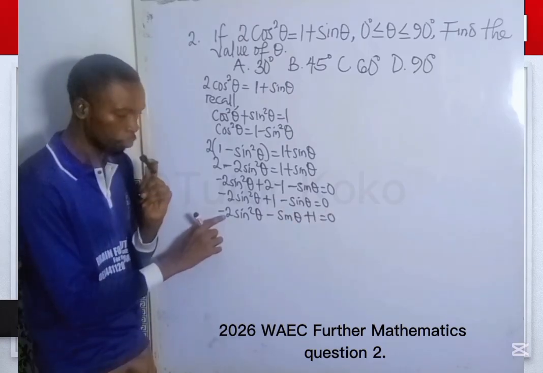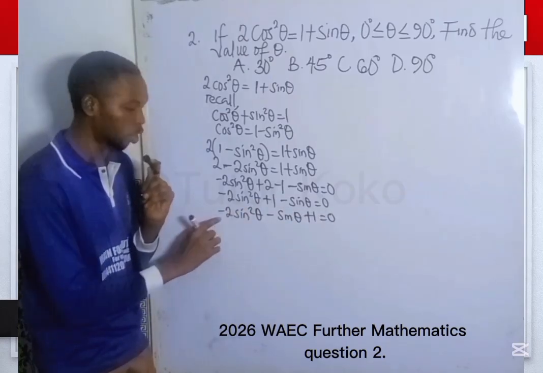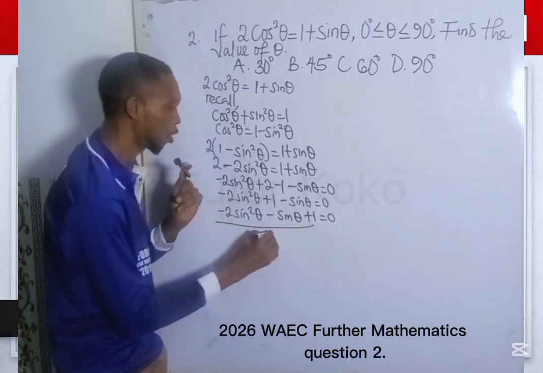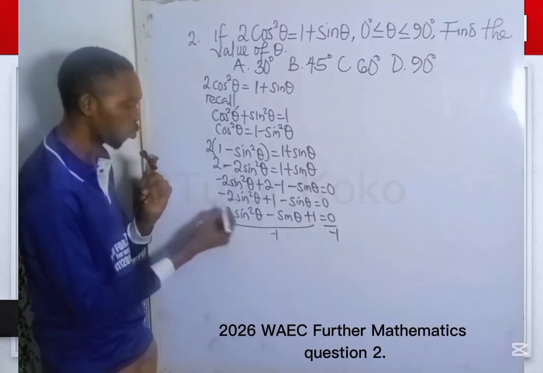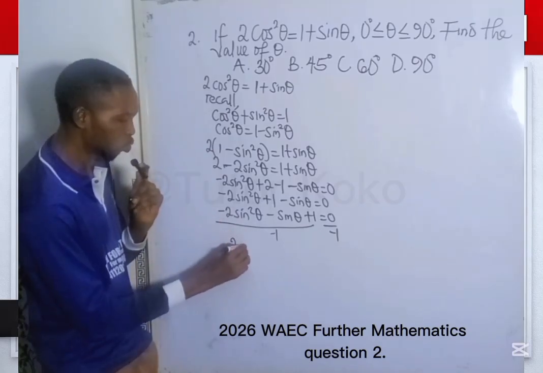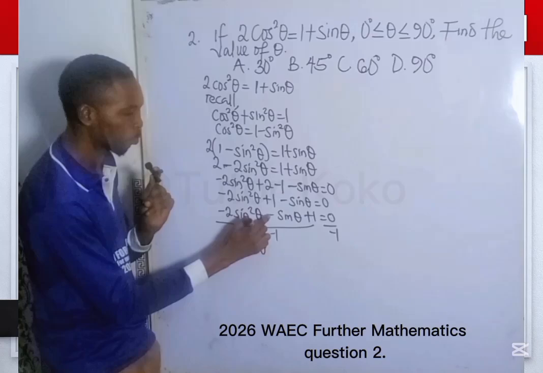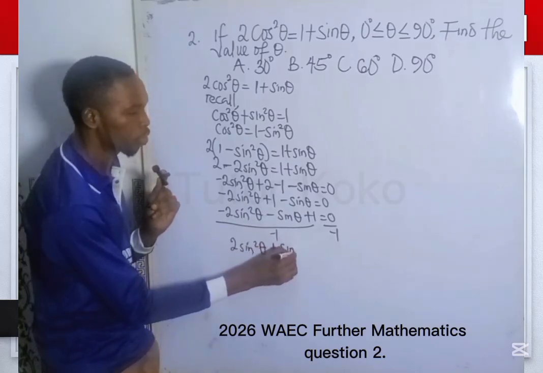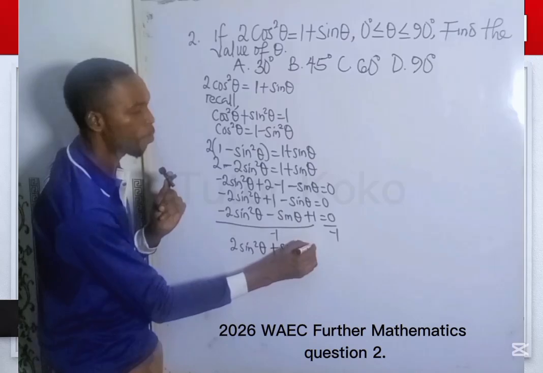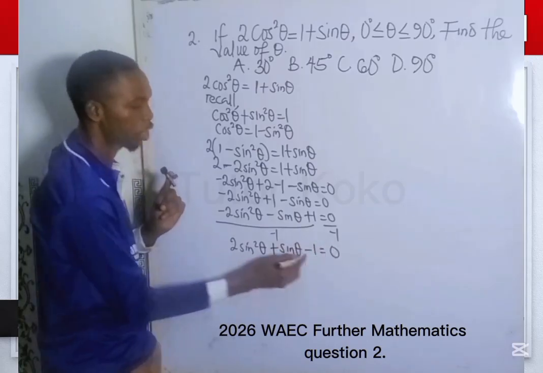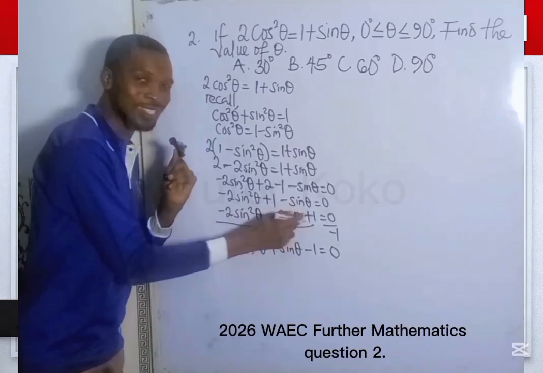I don't want this minus 2 sine squared theta to be negative, so I'm going to divide everything by negative 1, both sides. So this becomes 2 sine squared theta, this becomes plus sine theta, and this becomes minus 1 equal to 0. Each of the signs here is going to change.